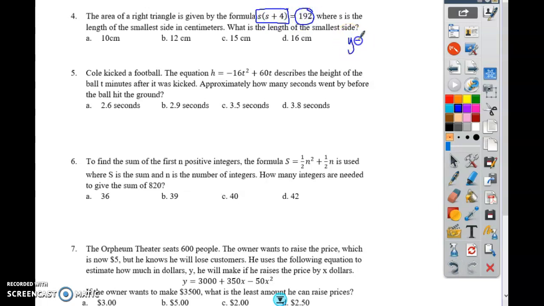It's going to be Y equals X parentheses X plus 4. That's my equation. And then my other equation, that's Y equals 192. Y equals, Y equals. That's how I'm going to do it.